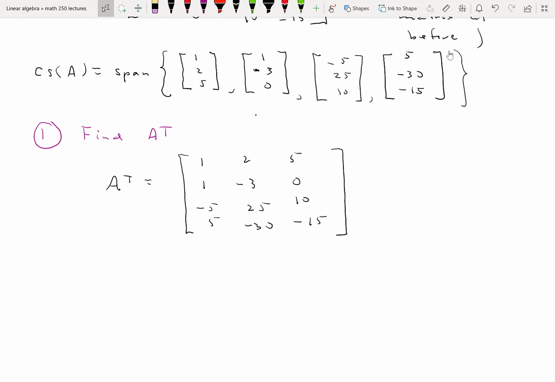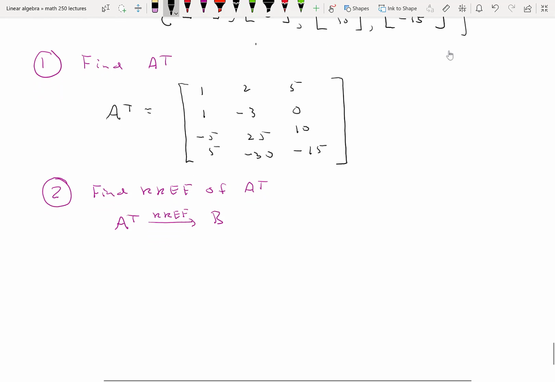Okay, then step 2. Step 2 is the first step in the row space procedure: find the RREF of A transpose. That is, let's take A transpose, do elementary row operations to find the RREF, and we'll call that B. Okay, so I did that.